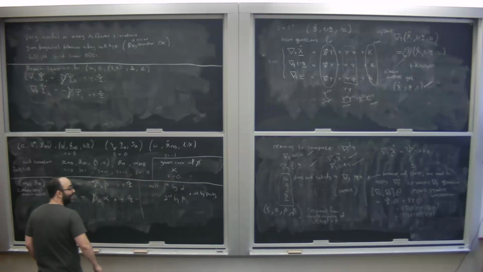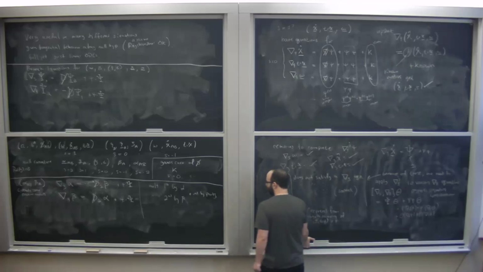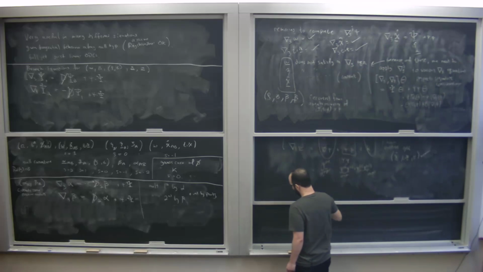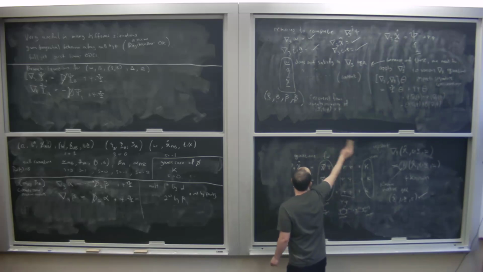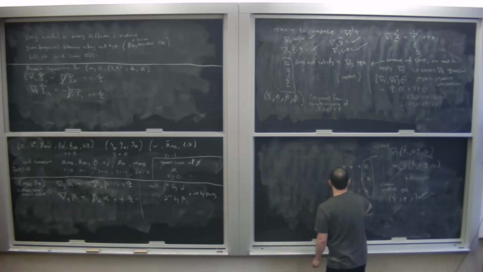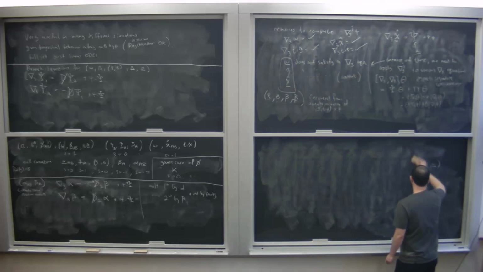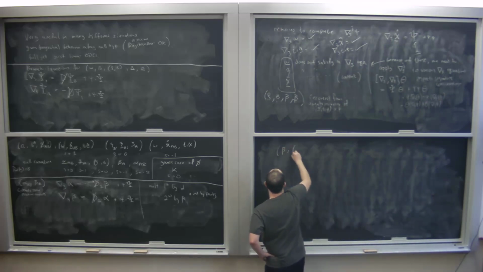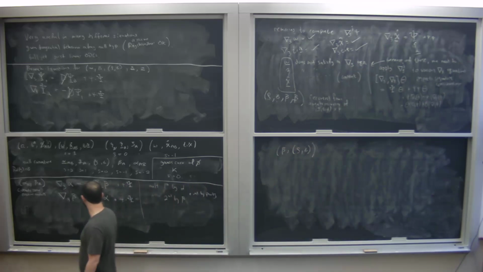So the second pair is beta, and you'll see in a second why I'm putting the rho and sigma together.